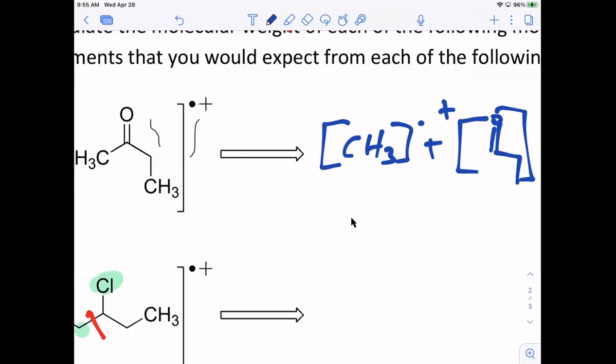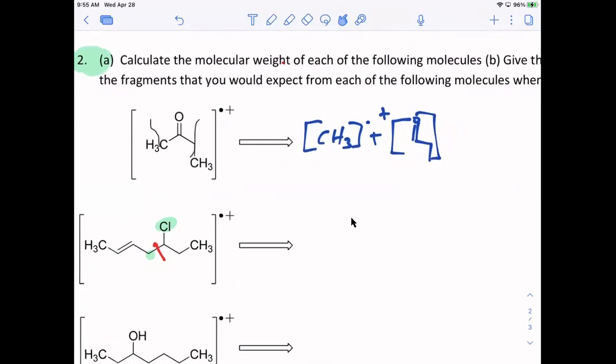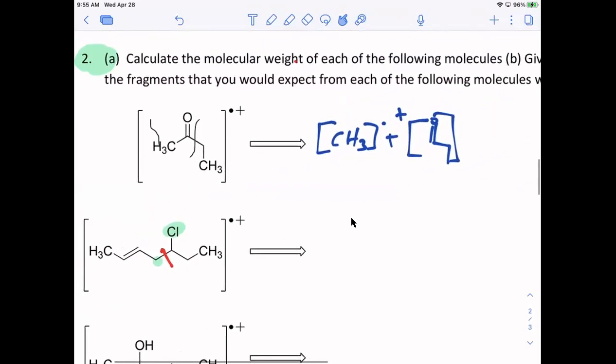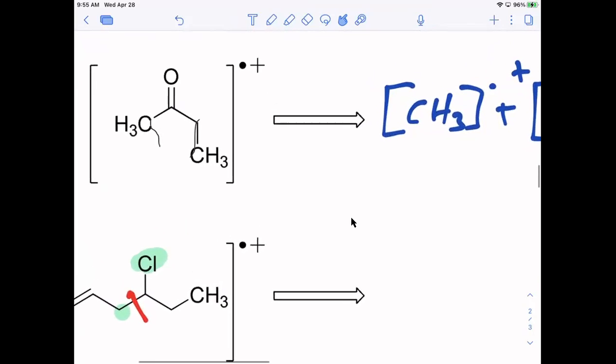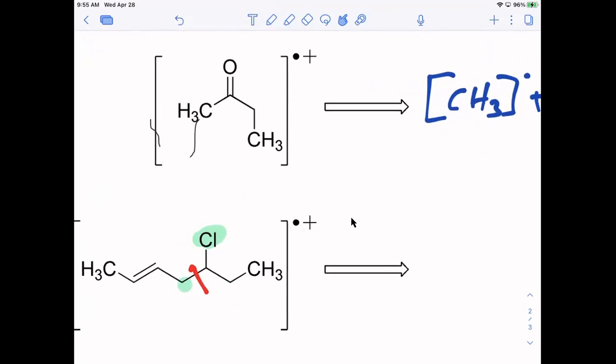Did anybody do the second one? I did. Move it back to where it was. That's close enough. All right. So for the second one, where'd you cut that one? I cut it on both sides of the Cl. Yeah, I gave y'all the one side, so you cut it here as well, right? What was the molecular weight of that? 132.